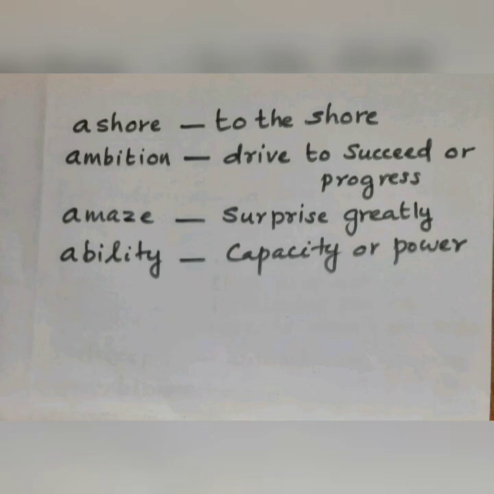You should also find the other words. Write these four words and also find the other four words yourself, find their meanings and write them in the back side of your English notebook.